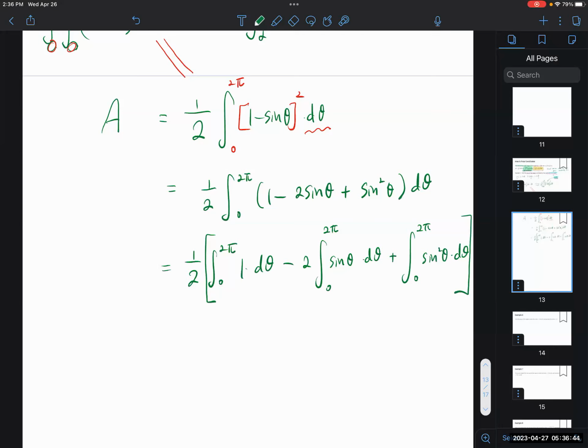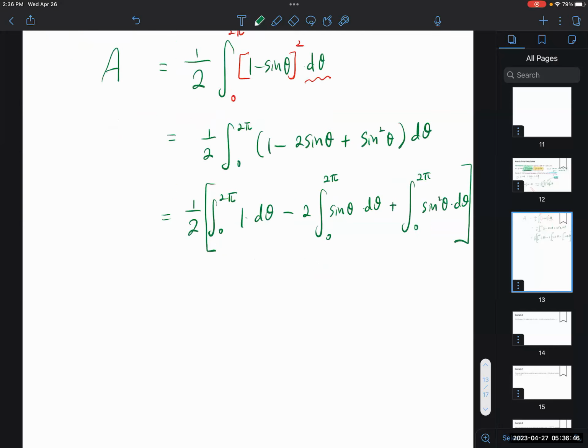Whew. And then you're going to calculate the rest of the work. 1/2, this is theta, 0 to pi. 2 sine theta, if you take the integral, that is going to be cosine. Am I correct?